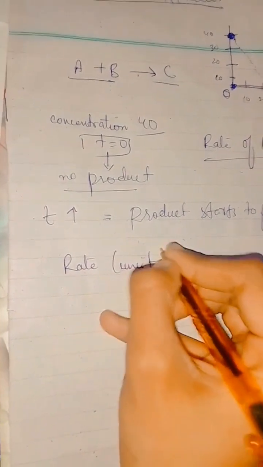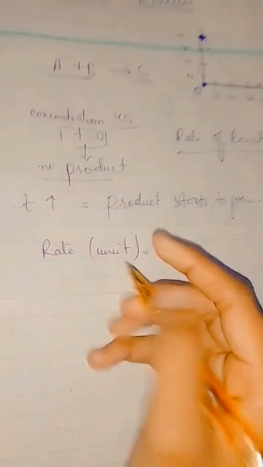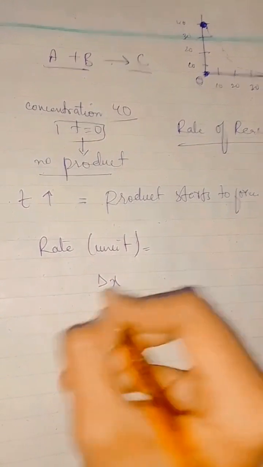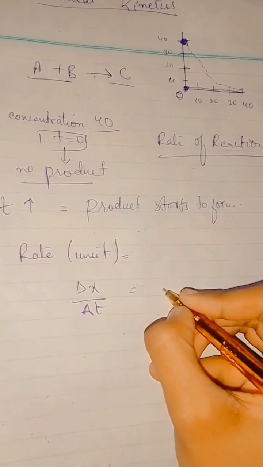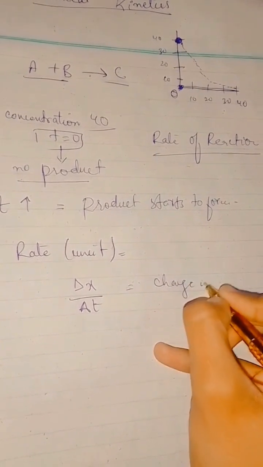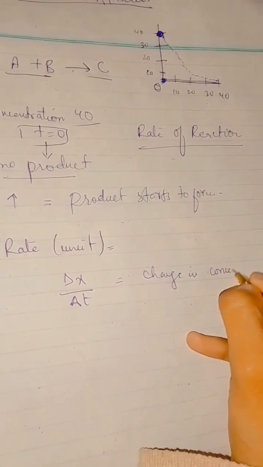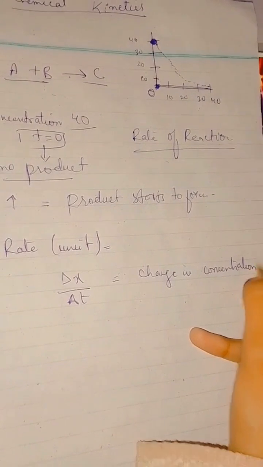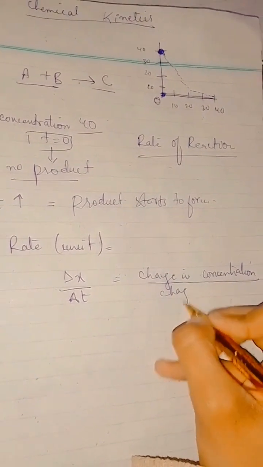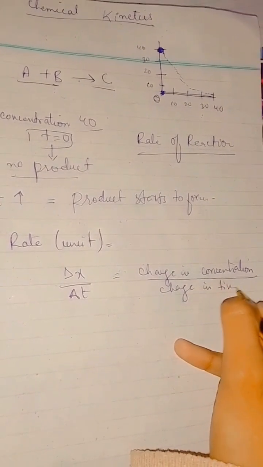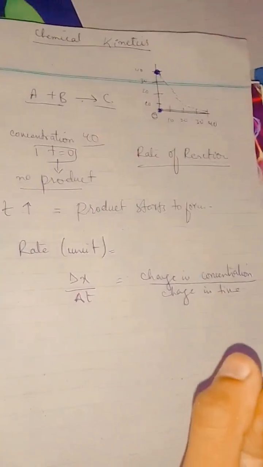If we talk about the rate unit, first of all let's check the formula, that is delta x upon delta t. What is it? The change in concentration with respect to the change in time. That is its formula.